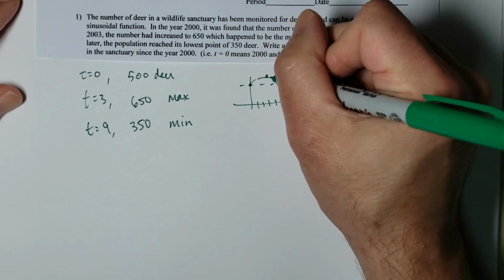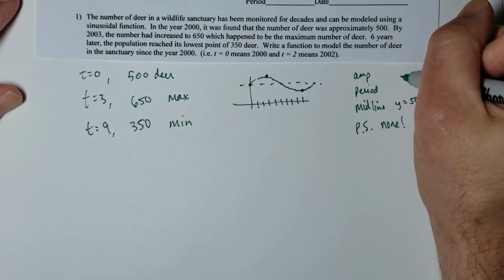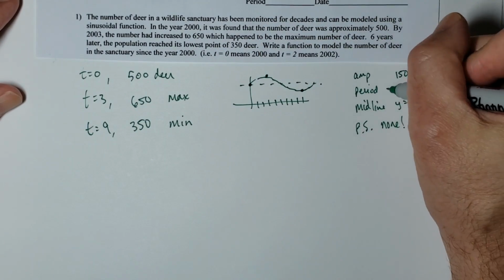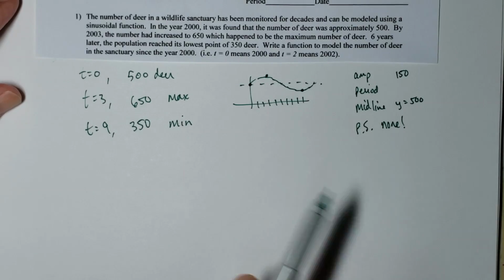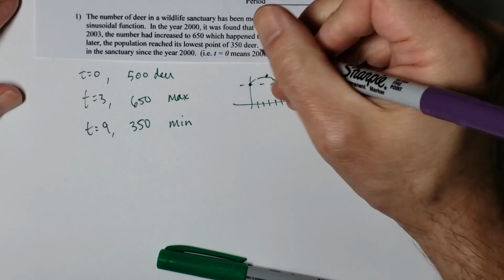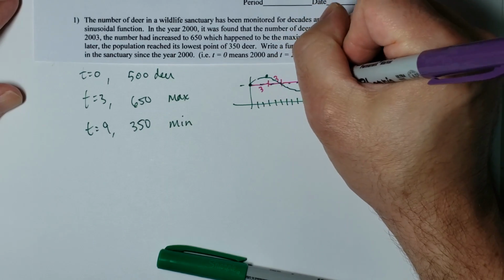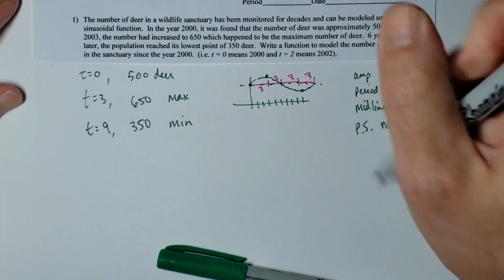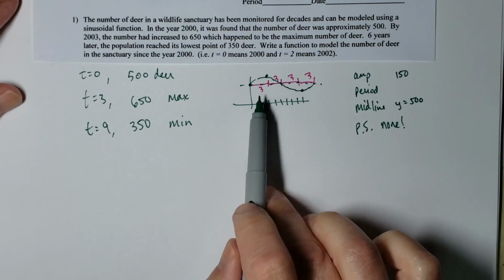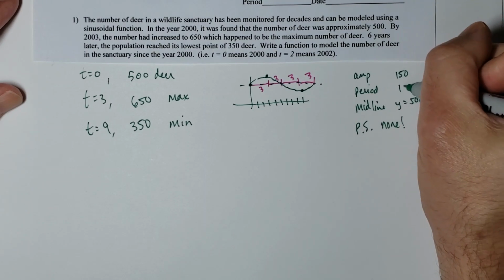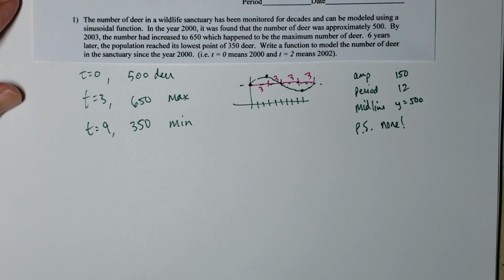The amplitude, if I go from 500 up to 650, that's 150. And then the period, well, if I know that this time from here to here is 3, then I can see that my total period is going to be 4 times 3, which is 12.